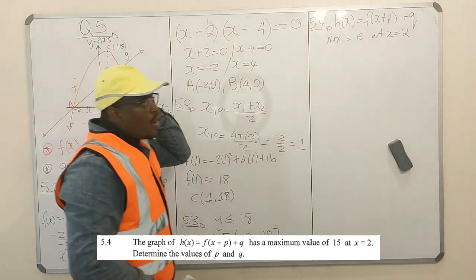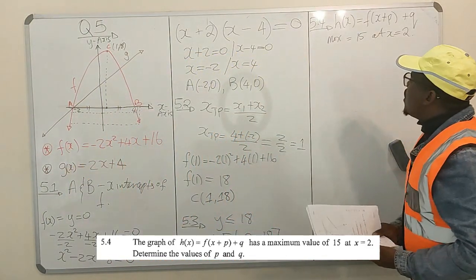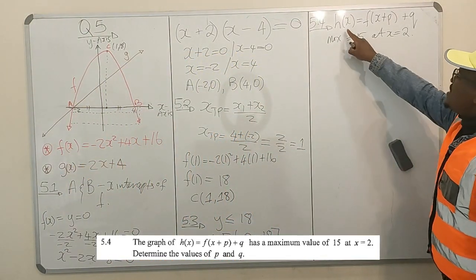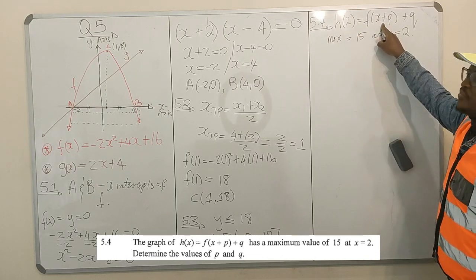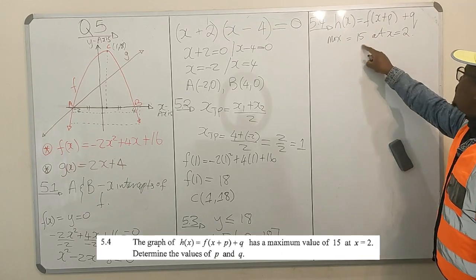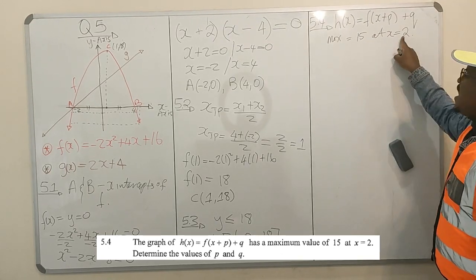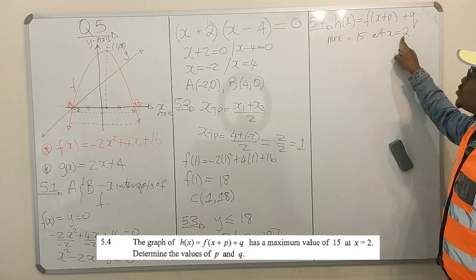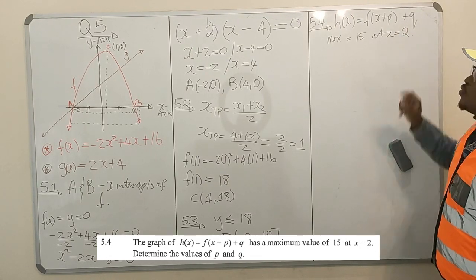Now we're told that our new function h of x, which is a shifted version of f, horizontally and vertically shifted, has a maximum of 15 at x is equal to 2. So they want us to find p and q.